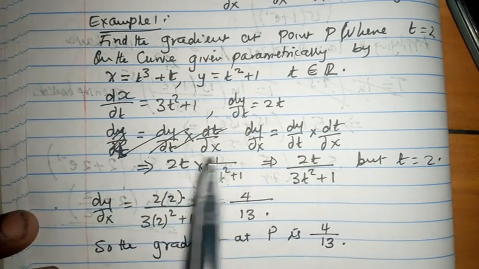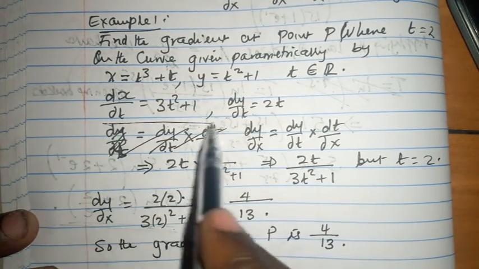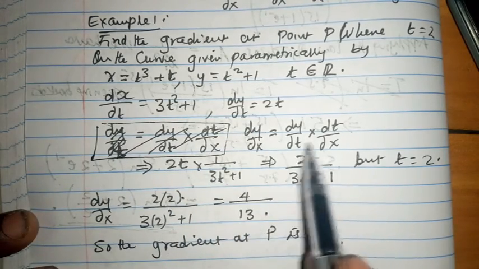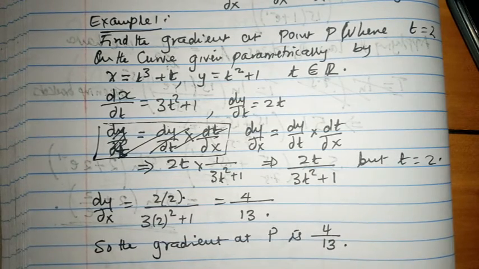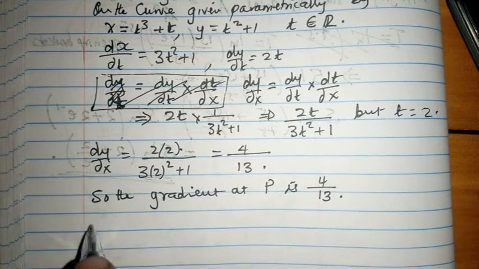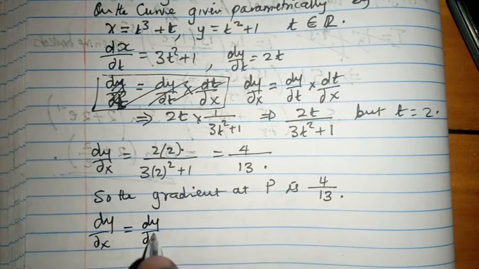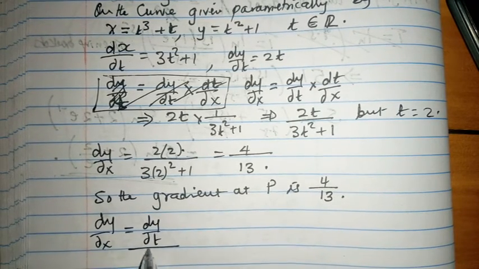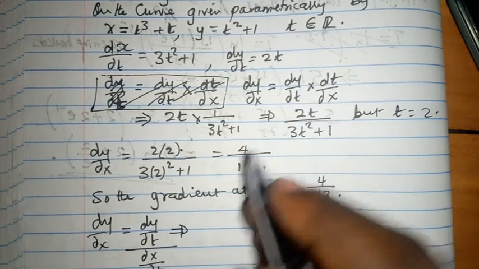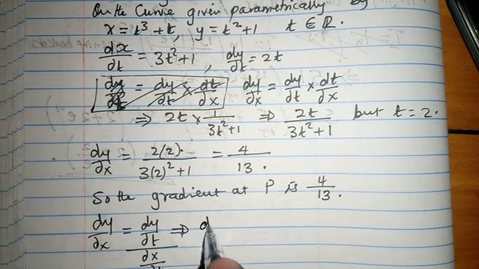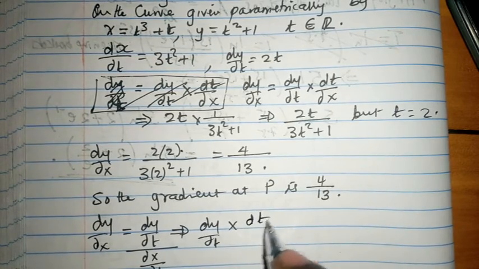Please take care of this part. Ignore this part, and let us just concentrate on that part. It is also possible that you would have said that dy/dx is given by dy/dt divided by dx/dt, and this is what gives dy/dt times the reciprocal of the divisor, which is dt/dx.